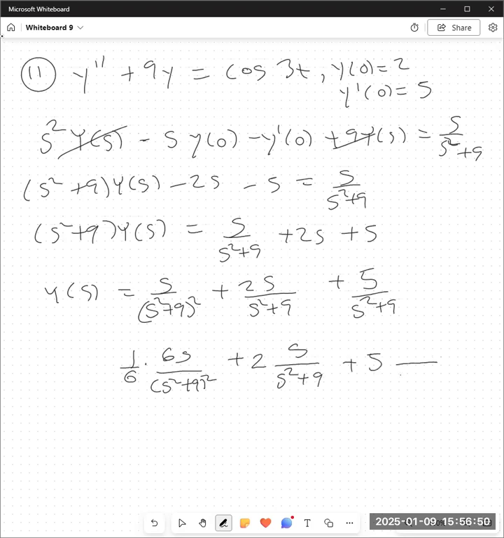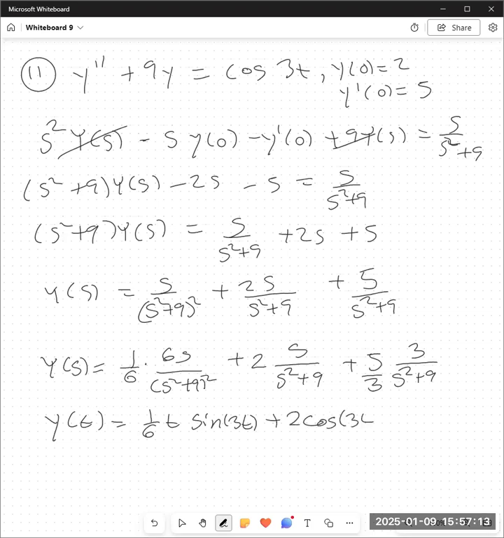It currently has a numerator of 5. So I need to multiply by 3 and divide by 3. So y of t is equal to 1/6 t sine of 3t plus 2 cosine of 3t plus 5/3 sine of 3t.